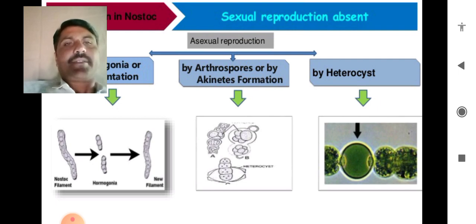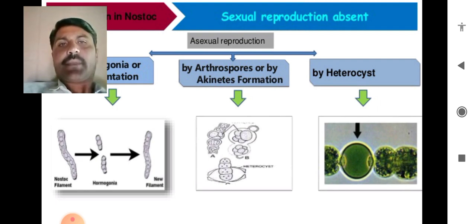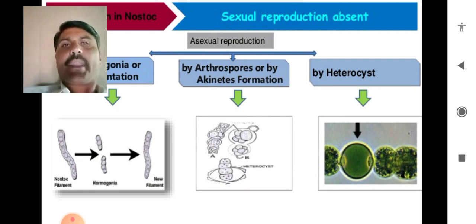Look at the figures. Here are three figures. Focus on number one. You can see the Nostoc filaments. This filament is fragmented into two just beneath the heterocyst, and this fragmentation of the filaments is known as hormogonia. In the diagram they are shown in two, and each hormogonium is capable of forming a new filament.